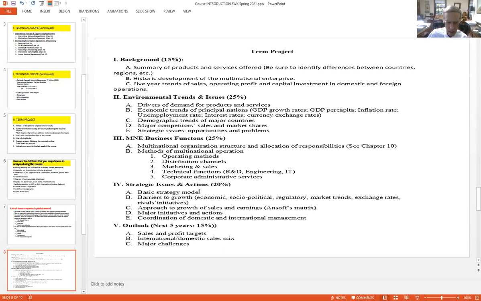Now, in some cases, such as Roman numeral 2, the environmental trends of what's going on outside the company, most of that stuff is available. On the other hand, when we get down to Roman numeral 3, methods of multinational operation, some companies will tell you about their operations and their operating methods because they're proud of it and they want you to know.